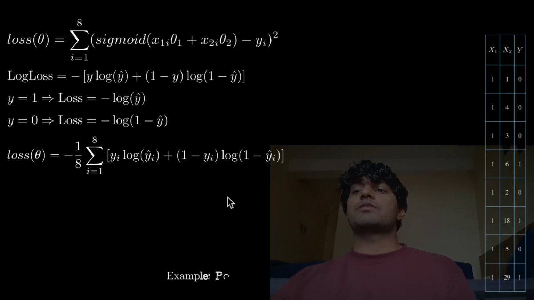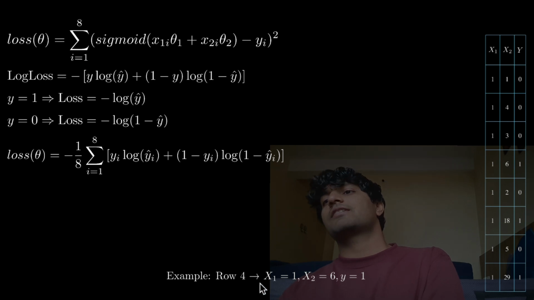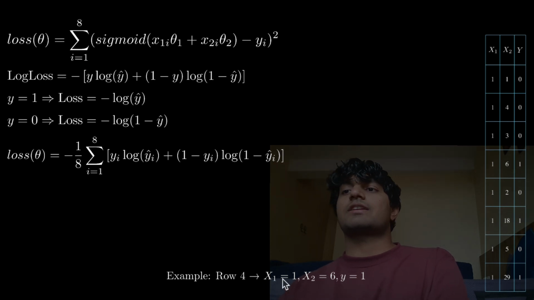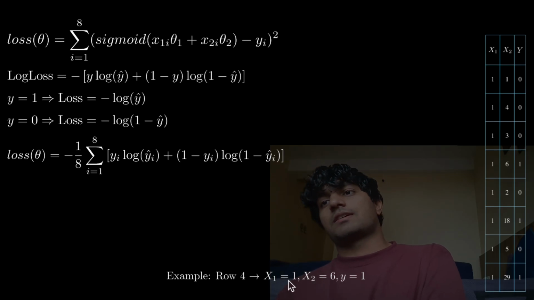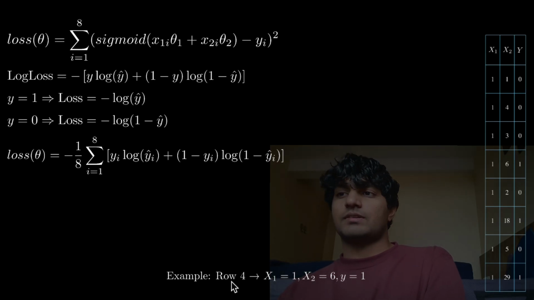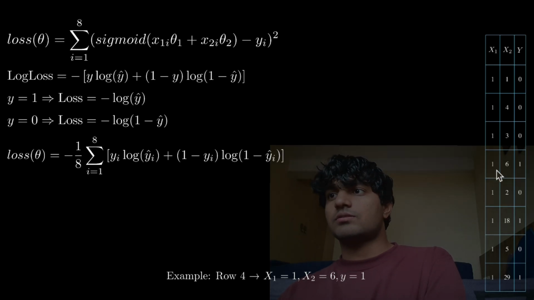And what is the beautiful part about this log function? We can probably do an example and take a run at how it looks. So let's say we have this example where x1 is 1 and x2 is 6, and the y label is 1 for this example. I think we are talking about this row.